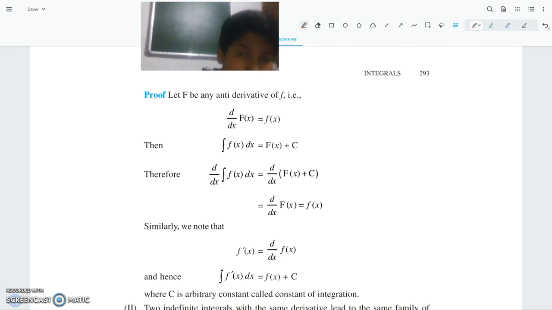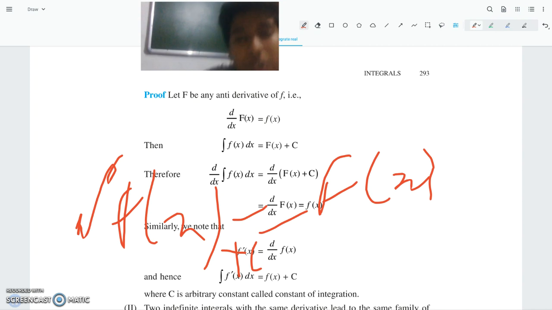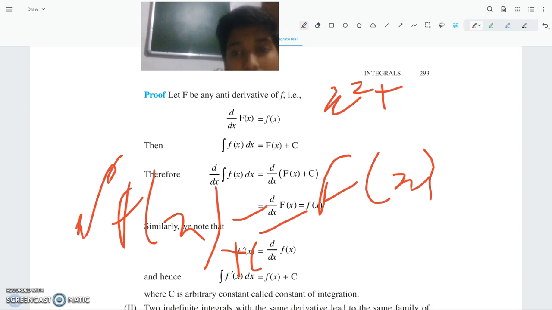Moving further, we see that d by dx of F(x) equals f(x). So can we write the integration of f(x) equals F(x)? After the integration you would always get a constant c. For example, if the equation before differentiation was x square plus 3, when we differentiate it we get 2x.